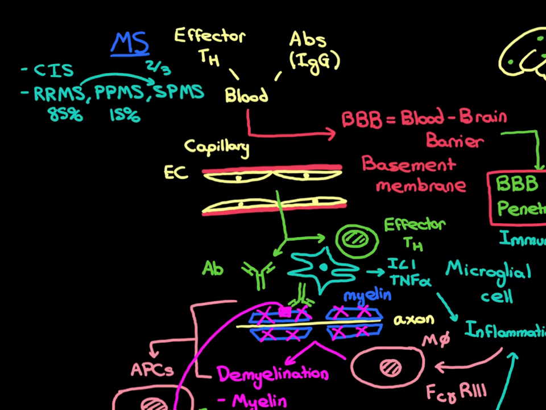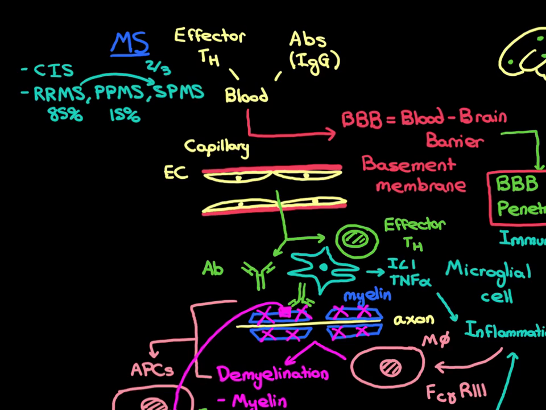So that's stage 2. So by the end of stage 2, you now have effector CD4 positive T cells that are directed against a peptide fragment of the CNS myelin protein, and antibodies that are directed against an epitope of the central nervous system myelin protein present within the blood. So this part of the picture is where you've got to by the end of stage 2.